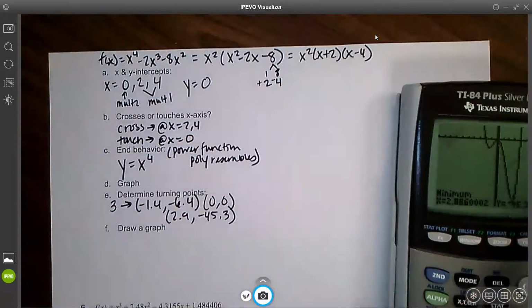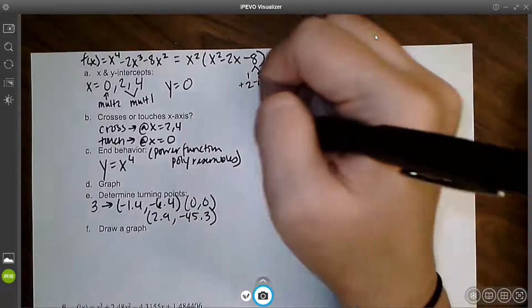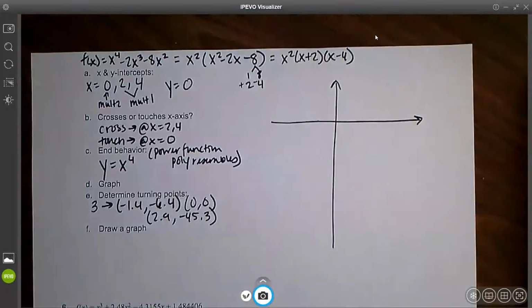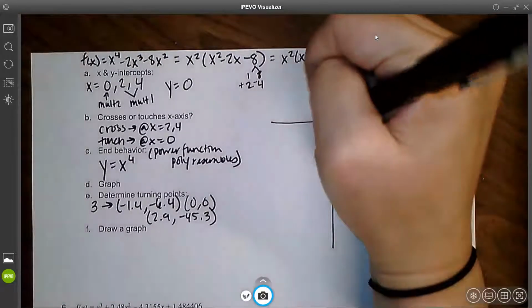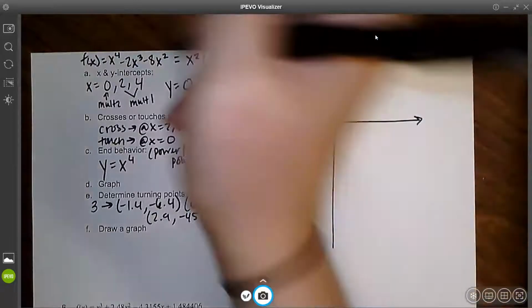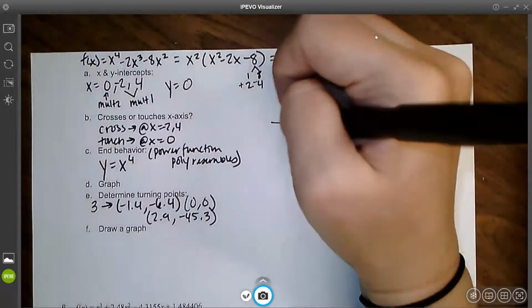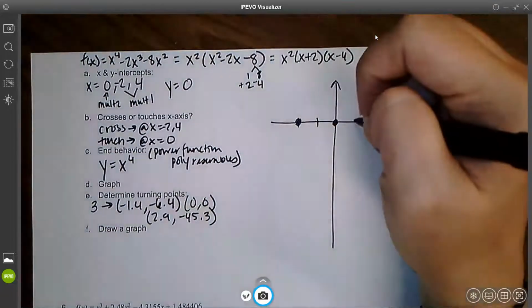And then we're just going to sketch our graph. We have 0, 0. We have this happening at negative 2. I'm sorry, all of this should have said negative 2. And we have one at positive 4.